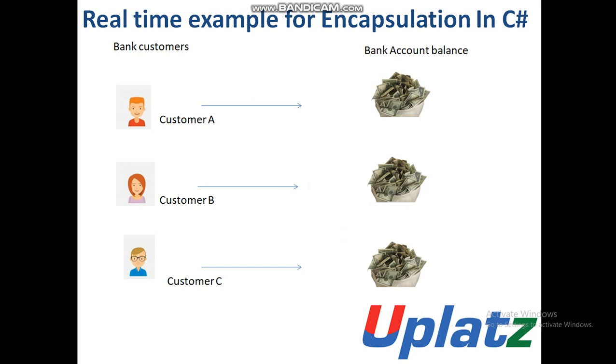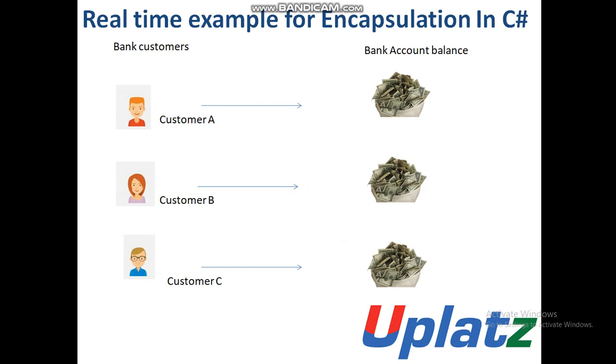There are many access modifiers. Private is a keyword, an access modifier used for hiding data. Now customer A can only see his own account balance and cannot see B and C's.